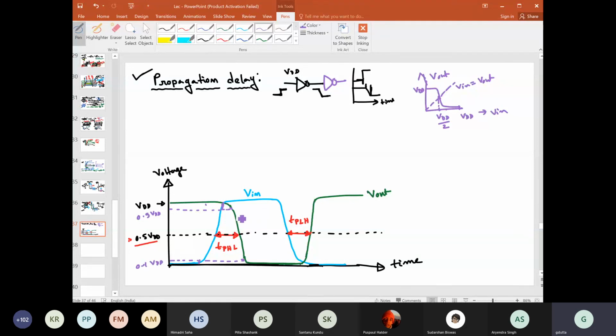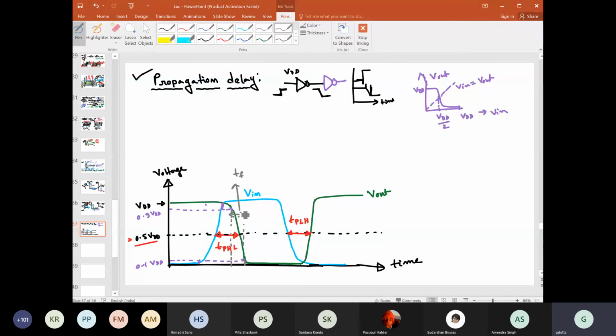So when this output is changing, you can see from here, maybe I will pick another color to show that. See this one, when this output is changing from 90% VDD to 10% VDD, that is denoted by TF, or fall time.